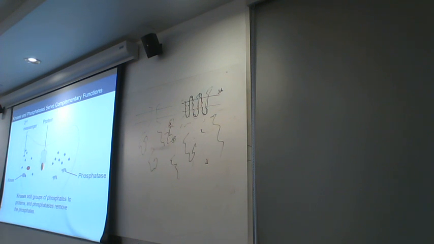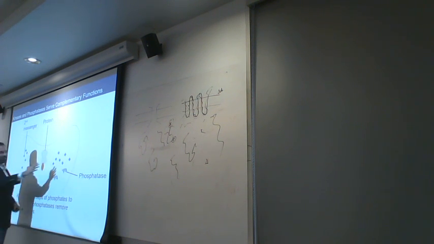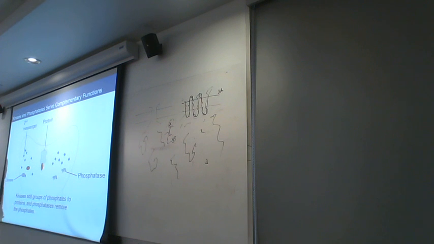So we have phosphatases or kinases that can come and add or remove that phosphate. If you're going to remove it, you might use an ase, like acetylcholinesterase, which removes acetylcholine from the neuromuscular junction, for example.